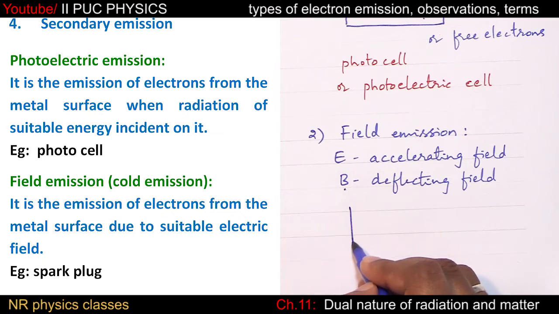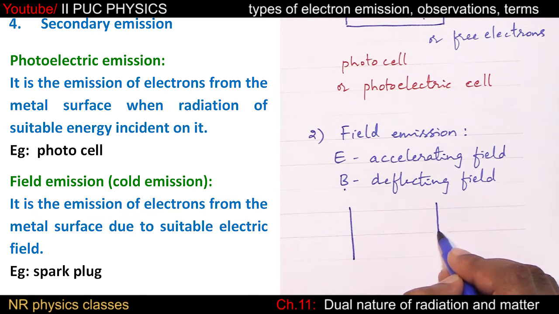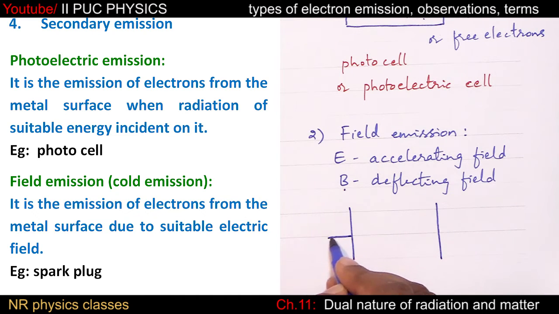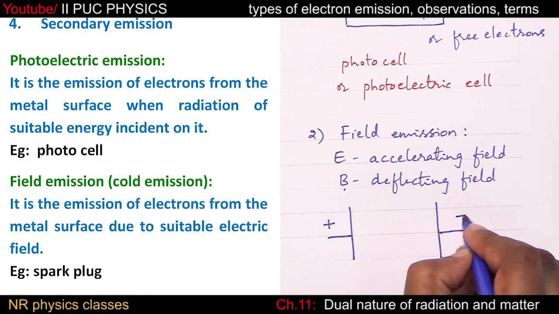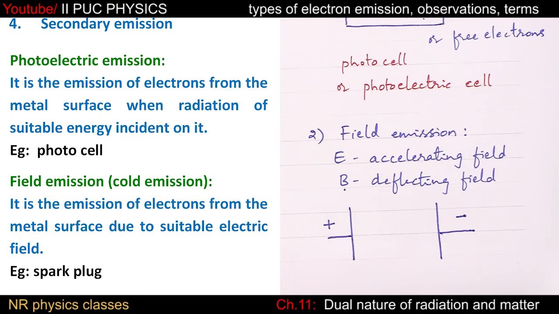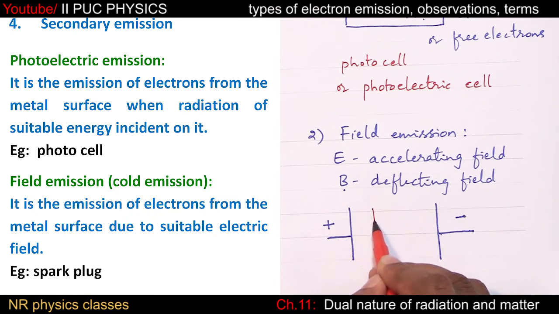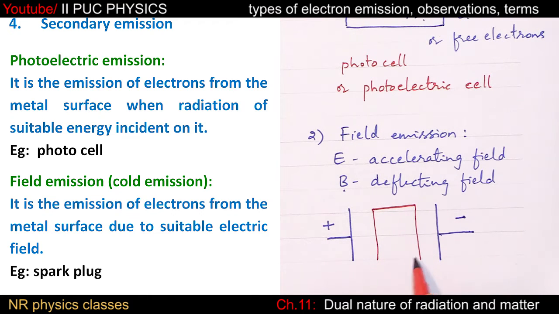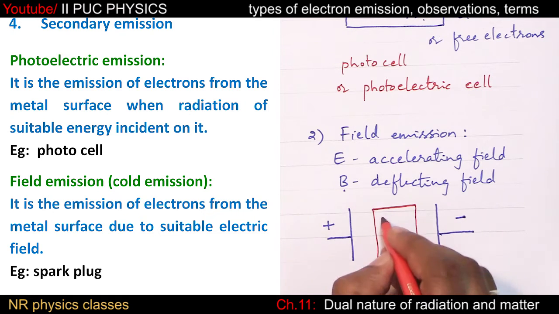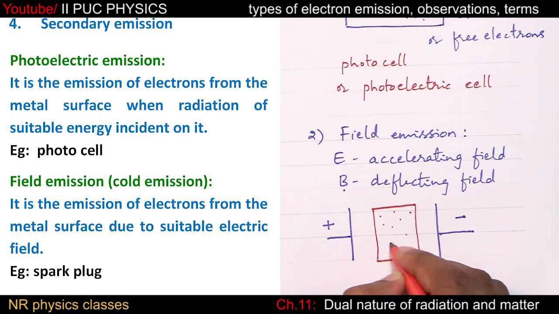Let this be a metal plate, and a second metal plate. These two metal plates are connected to a suitable source. Let this be plus and this terminal minus. In between these two plates, which are connected to a battery, there are conduction electrons or free electrons.